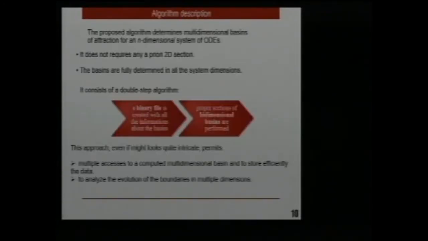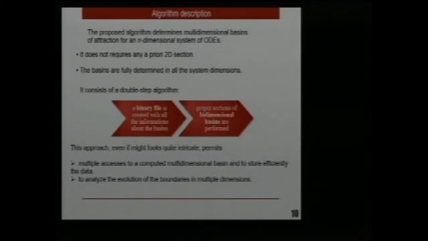Okay, so here is the proposed algorithm, which determines the multidimensional basin of attraction for an n-dimensional system. And the key point is that we do not start from a given two-dimensional section. Maybe you remember the first day Valeria Settimi showed the construction of the basin of attraction for a five-dimensional system, but actually she starts from a two-dimensional section, starting from every point on that.